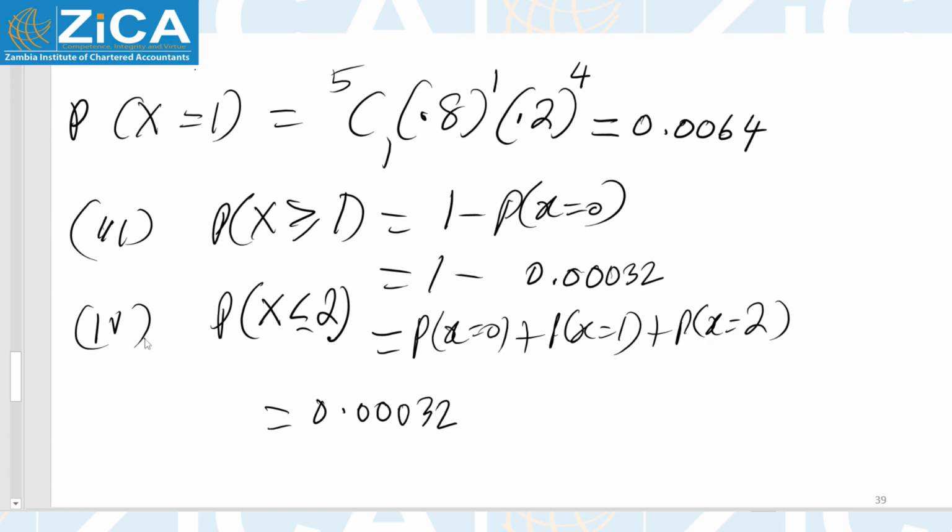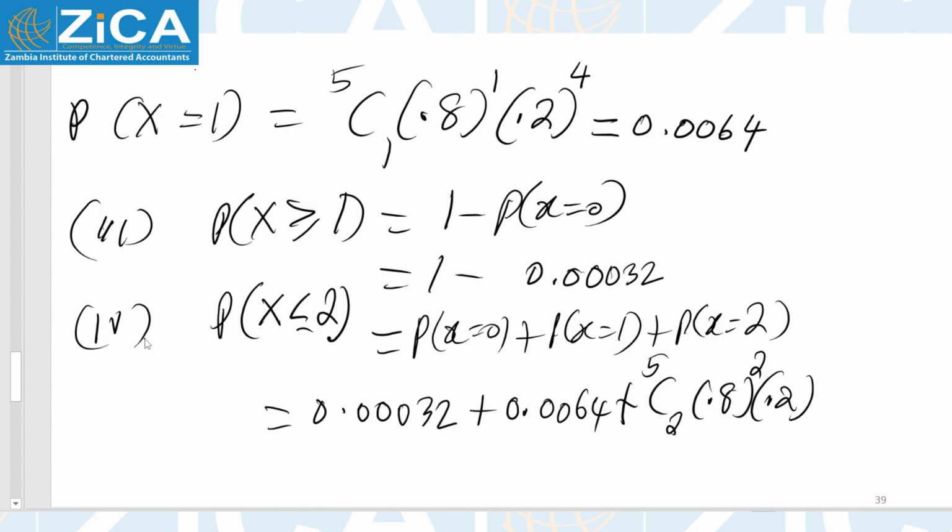Exactly 1, we have it, which is 0.0064, plus probability of x equal to 2, which we didn't get. We are picking from 5, 0.8 to the power 2, then 0.2 to the power 3. That combination will give us 10 times 0.8 to the power 2 times 0.2 to the power 3.